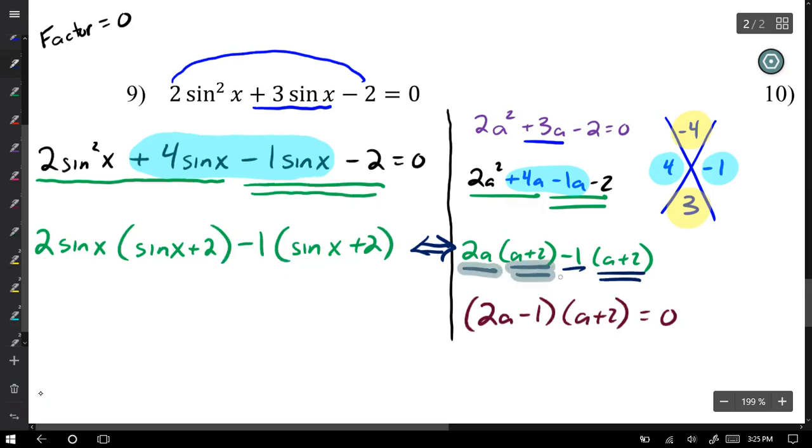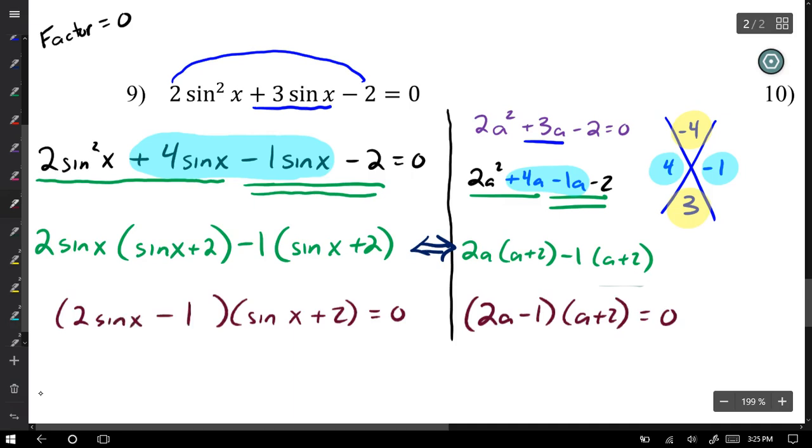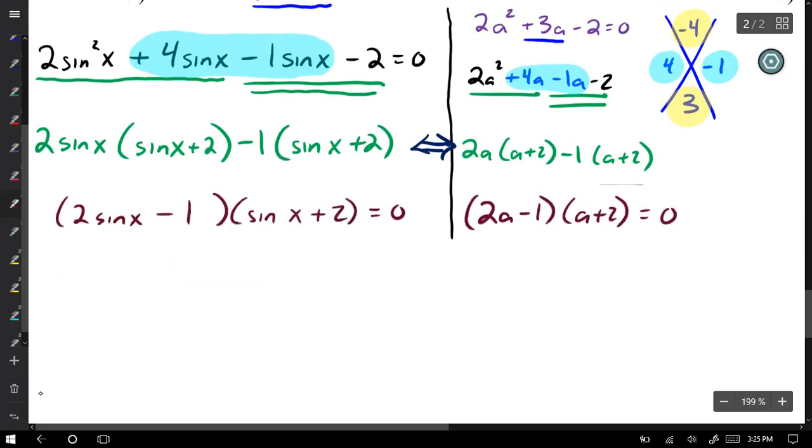As I finish the factoring by grouping, I see these both have a sine of x plus 2 in common. And if I remove those, I'm left with 2 sine of x minus 1. And look at our answer compared left to right. They look very similar to each other.